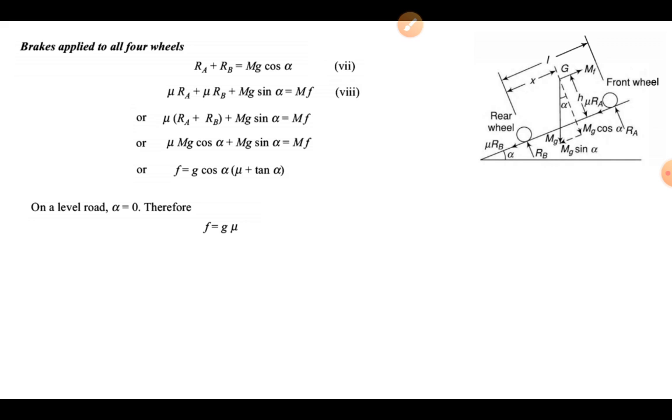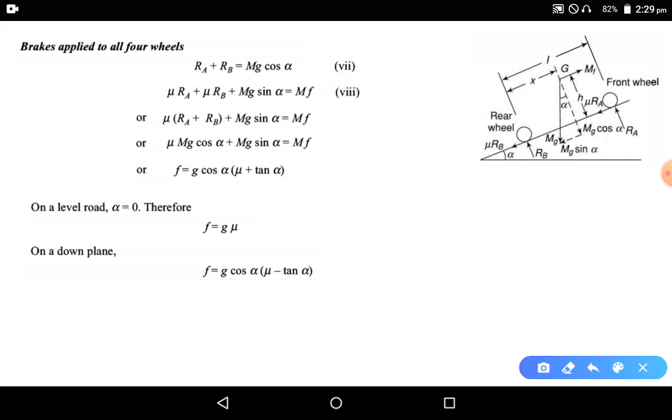Okay, when the vehicle is moving on a horizontal plane, this value of alpha you can put as 0, and then the value of retardation will be G times mu, okay. And when the vehicle is moving downhill or down plane, you will get the tan alpha term with a negative sign, right. So these are the changes which are happening.